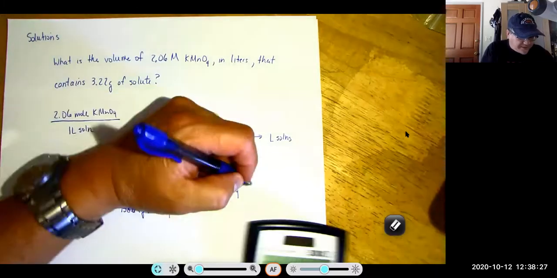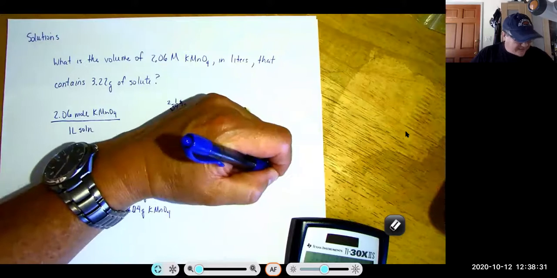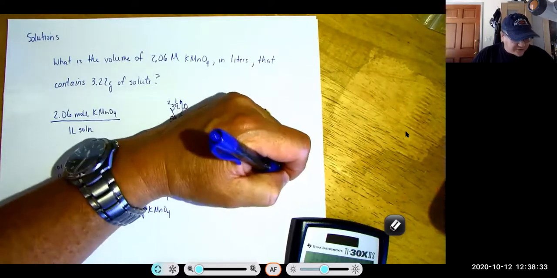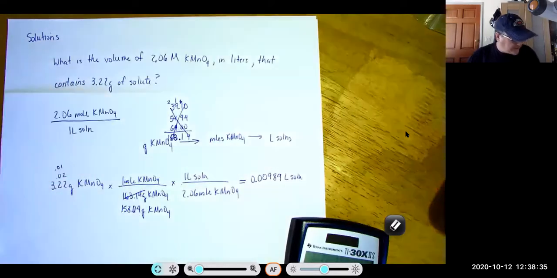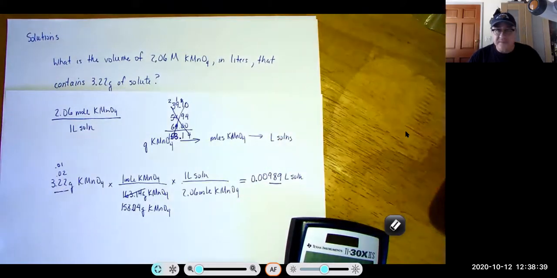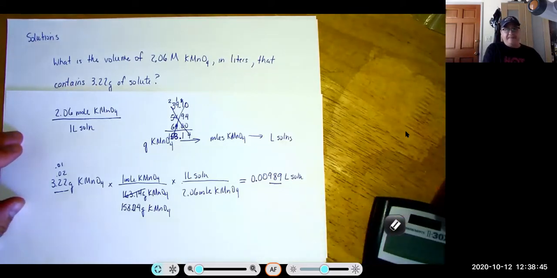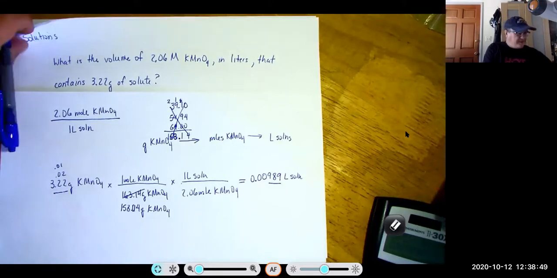And we get 0.00989 liters of solution. 3 significant figures and 3 significant figures. Okay, so does that solution look okay? Okay, we'll move on then.